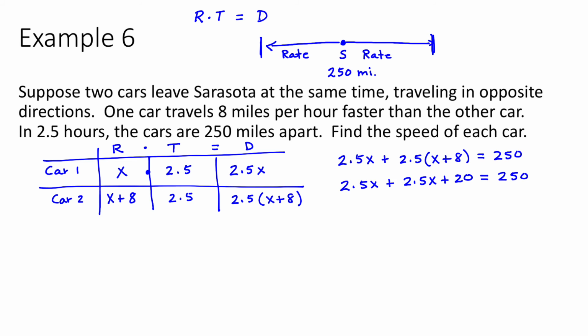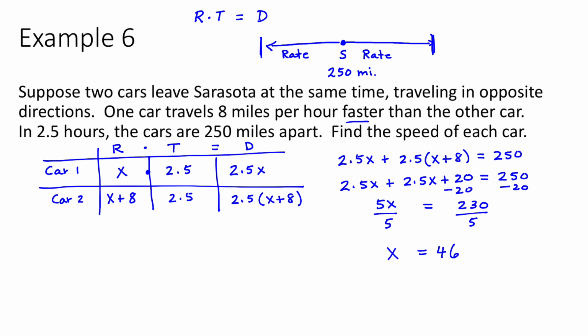So 2.5x plus 2.5x gives me 5x. I'm going to subtract 20 from both sides, so that 5x is equal to 230. I'll go ahead and divide both sides by 5, and that tells me that x is equal to 46.